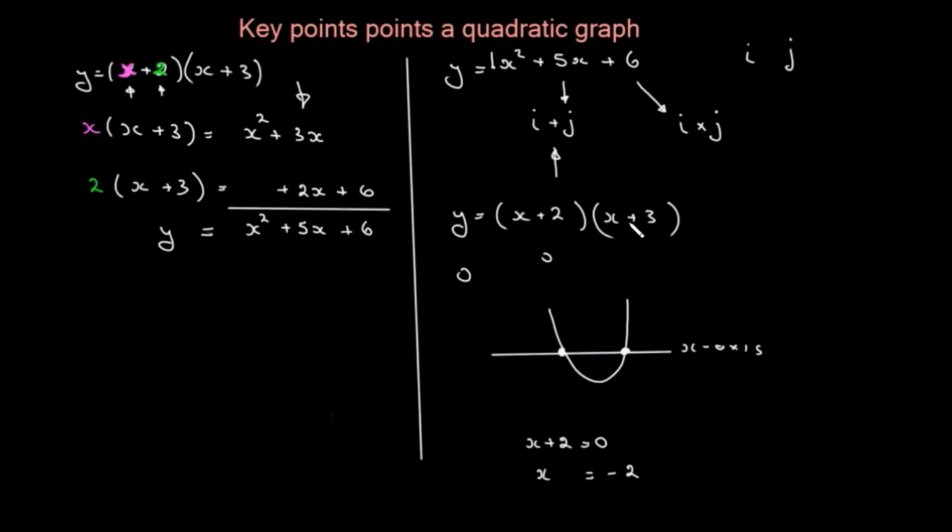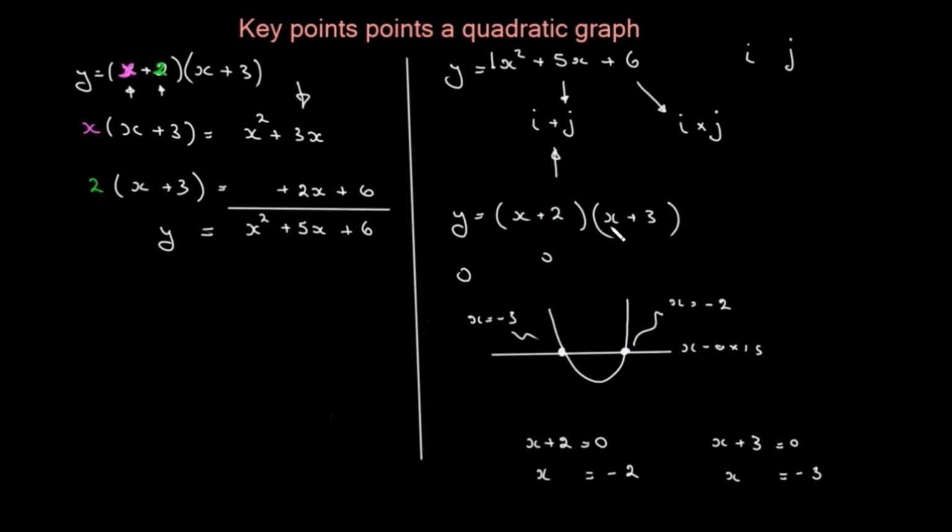Consider when this one equals 0, we have x plus 3 equals 0. X equals, take the 3 over to the other side of the equals, do the reverse process, so subtract. So we have a condition where x equals negative 2, and the other condition, x equals negative 3.